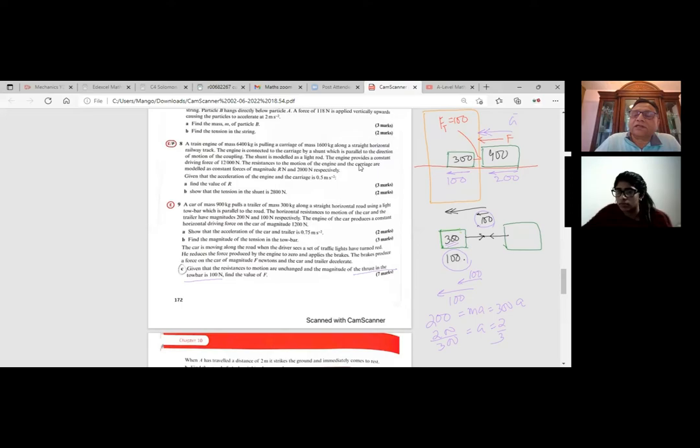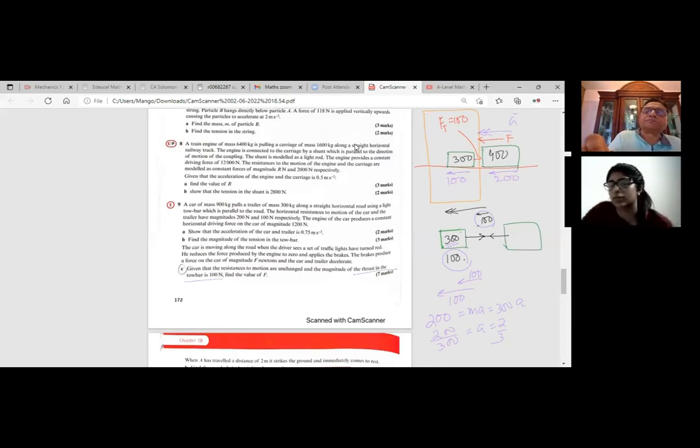Acceleration, sorry, it's not minus 2/3, it's just 2/3. We have taken direction as left, so you can say minus, if you want to use. So it is acting backwards. It's a deceleration of 2/3, which is minus acceleration, right? Now, effectively, the whole system is connected, and therefore this deceleration is on the whole system, correct?